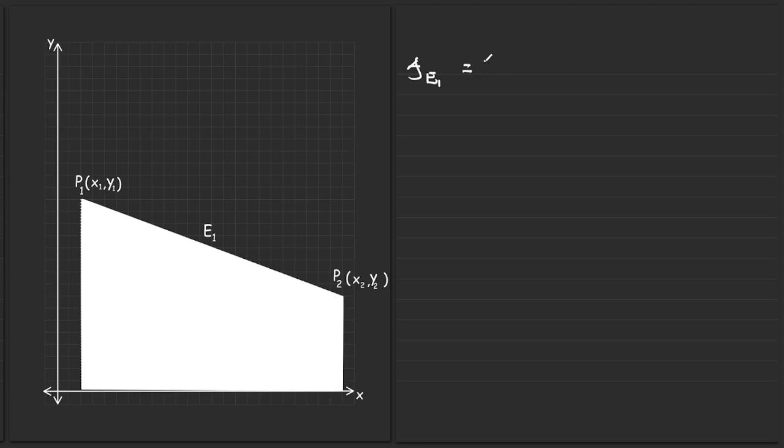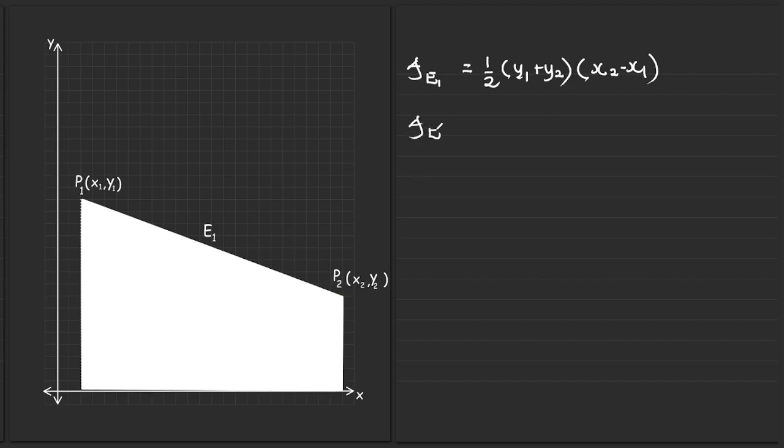We said for a trapezium, it is half of the average of the y's. So y1 plus y2. Then the difference between the x, that is x2 minus x1. So that is going to be the area of this particular trapezium.